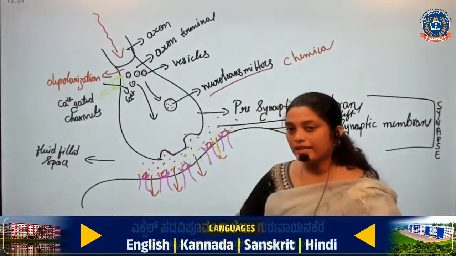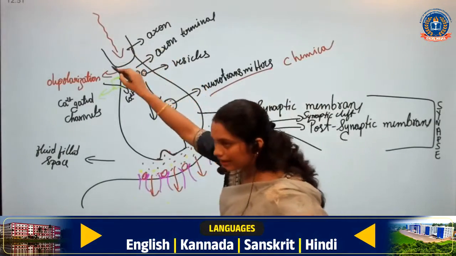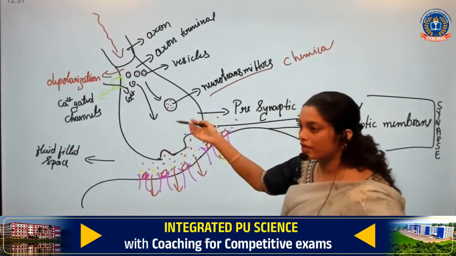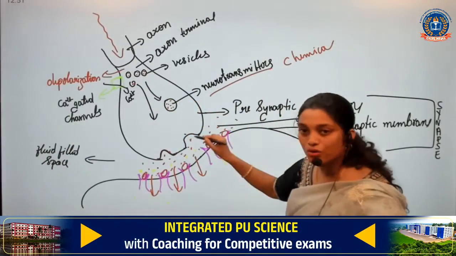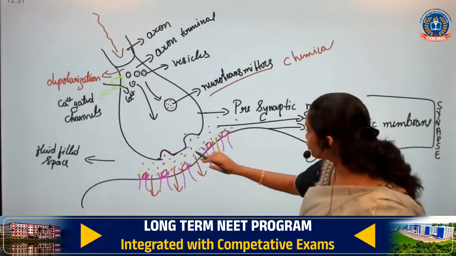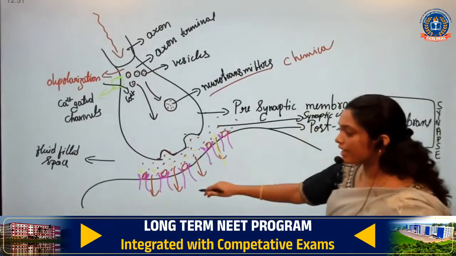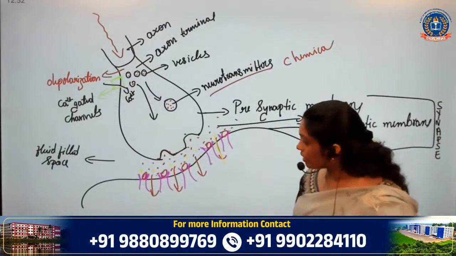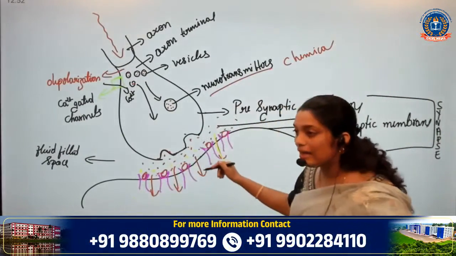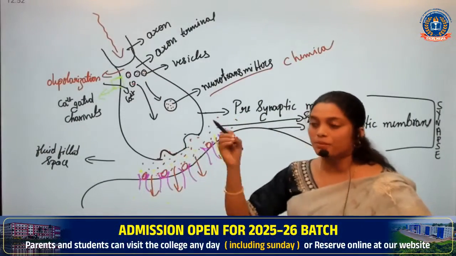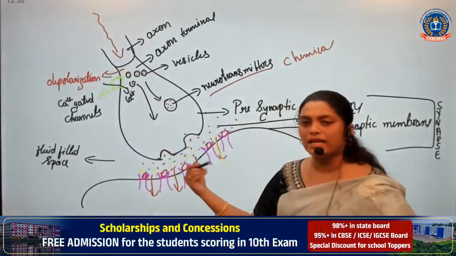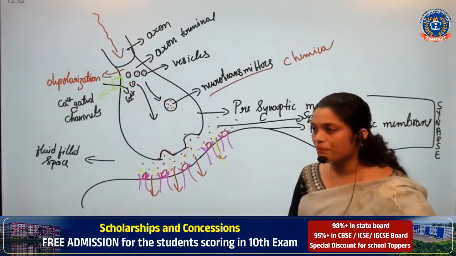Here we saw the electrical impulse came, and then it got converted into a chemical impulse. These neurotransmitter molecules got released to the synaptic cleft. Finally, they got attached to the postsynaptic membrane, which caused the other ion channels present on the postsynaptic membrane to open up. It can lead to the influx of other ions like sodium, potassium, etc.